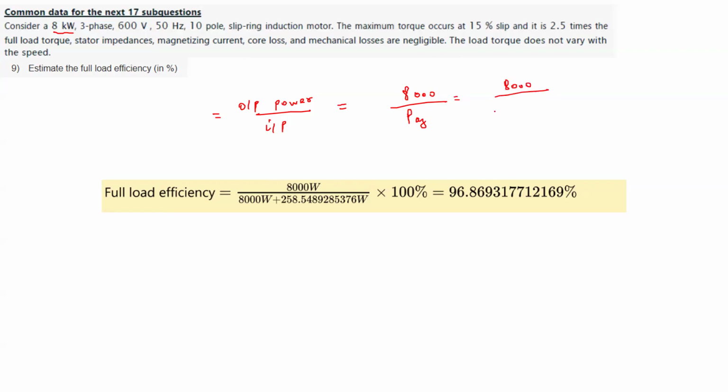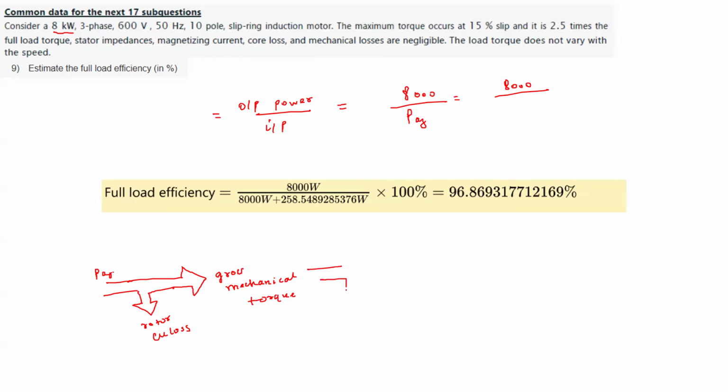Air gap power is like this: you have air gap power here. This is rotor copper loss, and then you have gross mechanical torque.